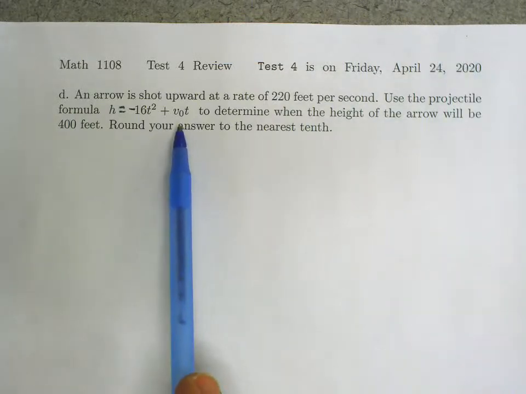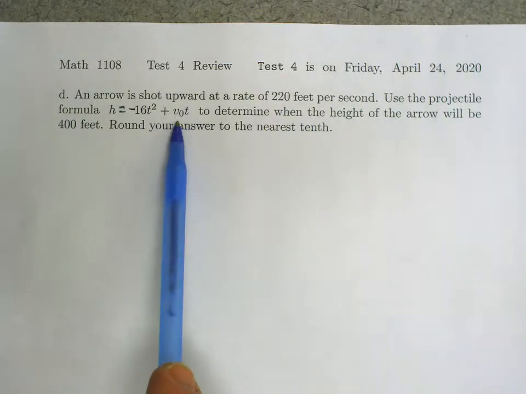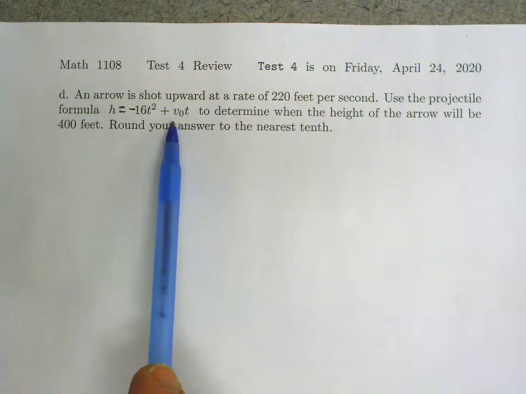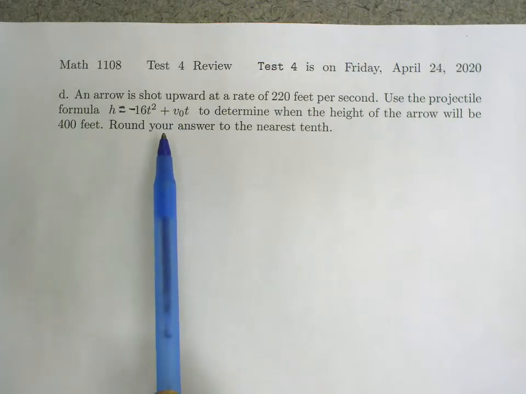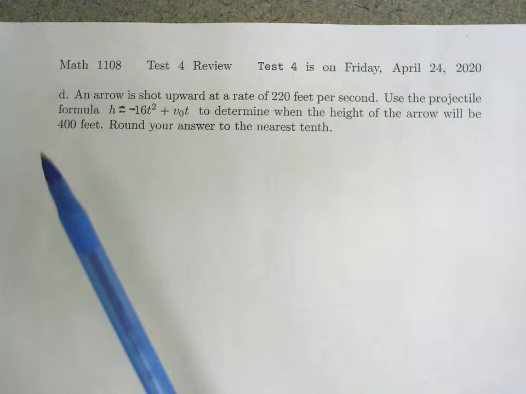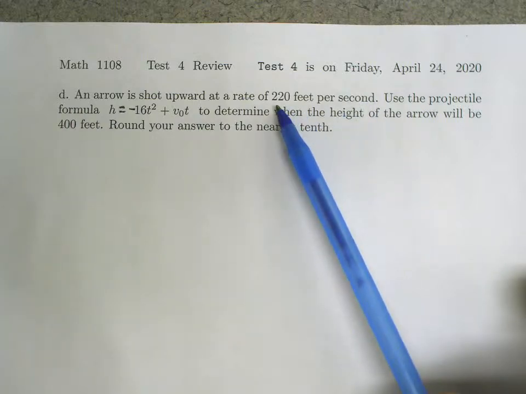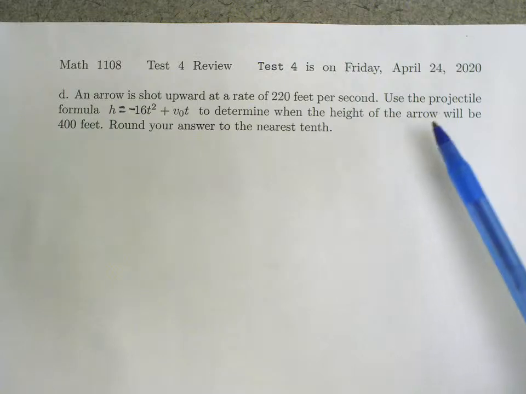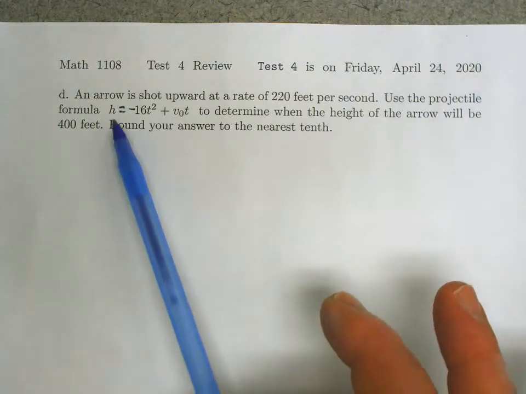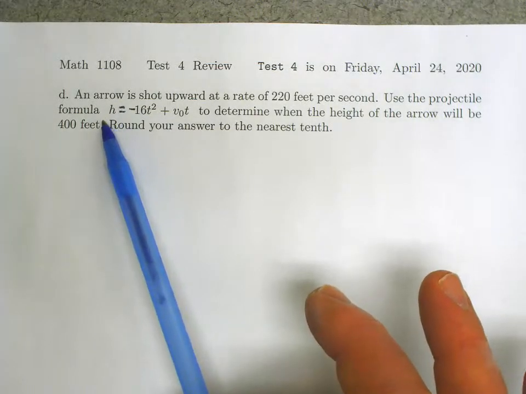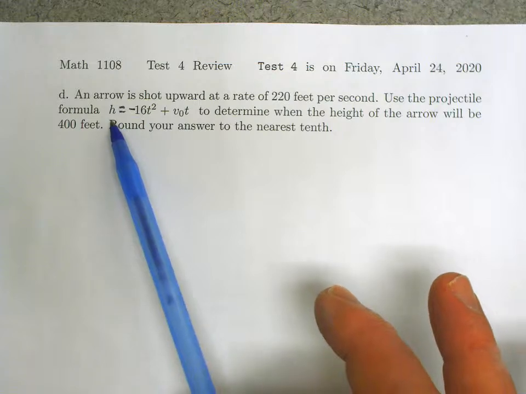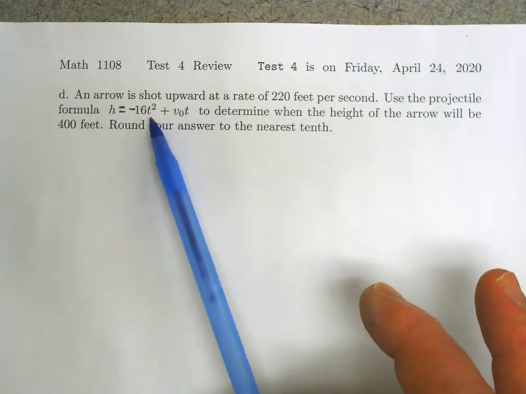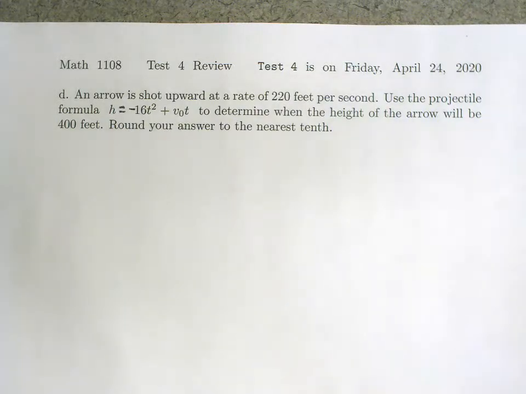Okay, in this formula, the v sub 0 represents the initial velocity of the arrow, and that is given to be 220 feet per second. And in this formula, h represents the height of the arrow, t seconds after it's shot upward.